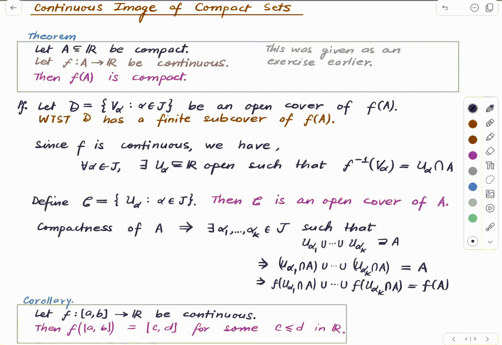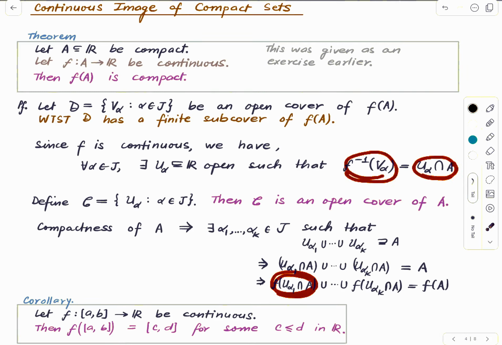Just a purely set theoretic fact. But what is this thing? Since f inverse V alpha is that guy, f of that guy is V alpha, or at least is contained in V alpha, not equal to V alpha. That is wrong to say, but this is contained in V alpha.